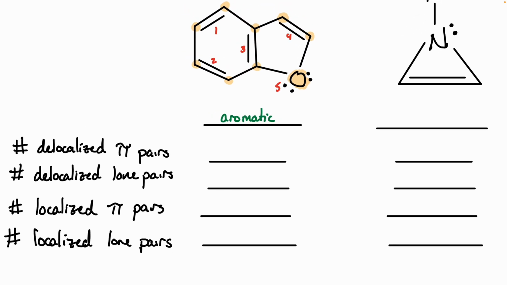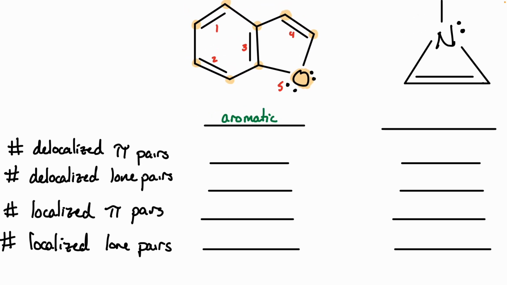All right, how many of those pi bonding electron pairs are delocalized? All of them, yep. What about my lone pairs? Just one, right? One of them on your oxygen can be delocalized. The other one always will remain localized. In this case, I don't have any pi bonds that are not localized.